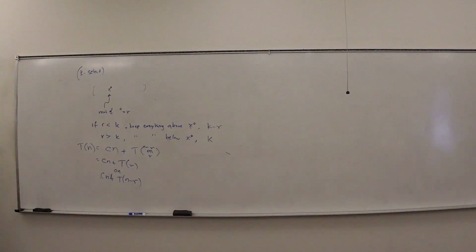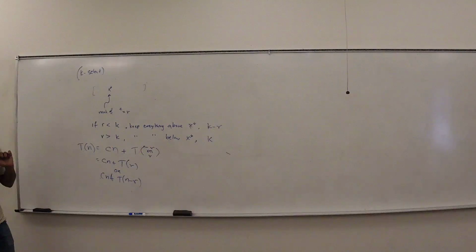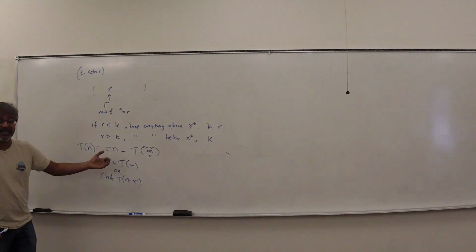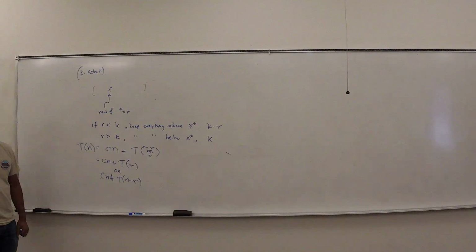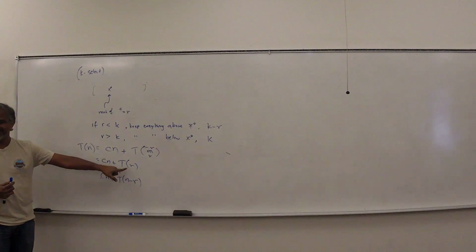In the worst case scenario, what is the worst case scenario for these two situations? T of R, Cn plus T of R would be the worst case. No. The worst case here would be we don't know what the value of R is. What is the worst case in terms of the value of R? N. That's great. A 0 or 1. That's great.